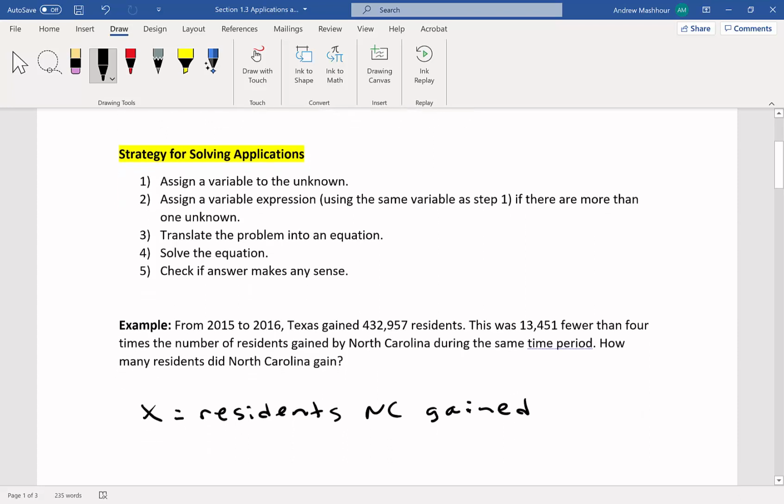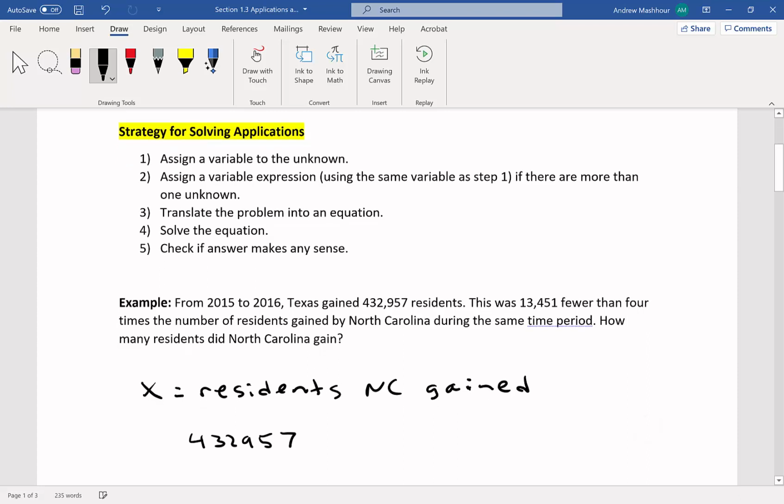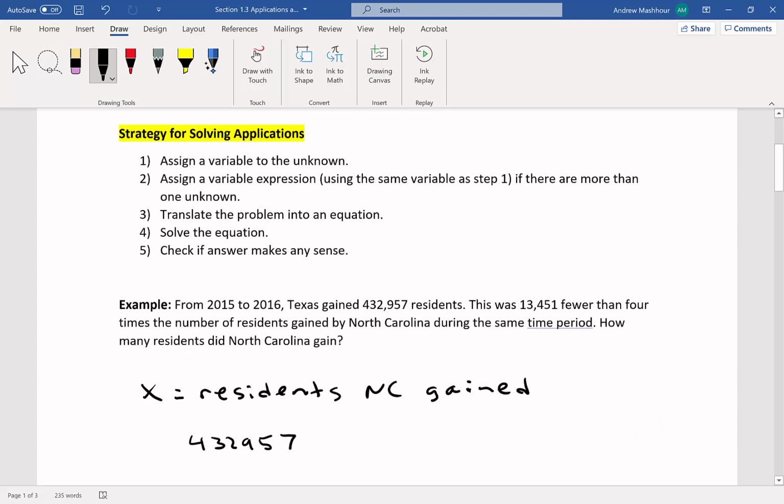So first it's saying that Texas gained 432,957 residents. And then it's saying this was. So we have 432,957. And now this is a key word for equals. So 432,957 has to be equal to 13,451 fewer than 4 times the number of residents gained by North Carolina.